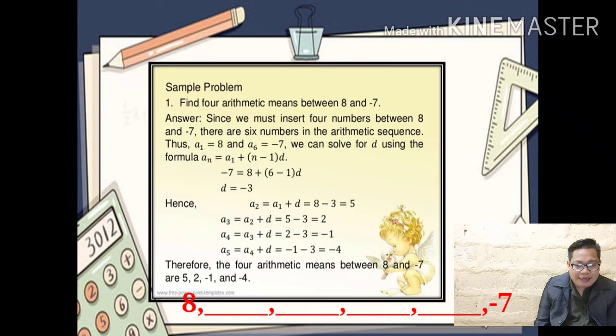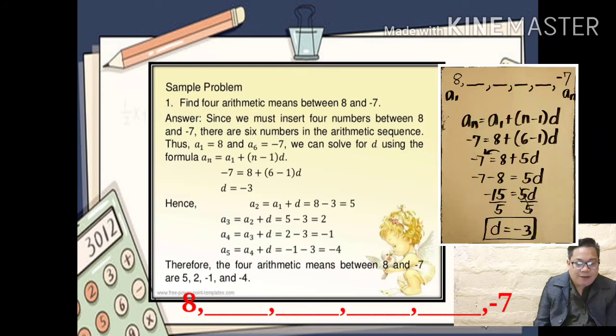So, ang a sub n natin, or last term, ay negative 7, equals the first term, which is 8, plus the number of terms. Lahat sila ay 6, minus 1 times d. So, we have negative 7 equals 8 plus 5d.